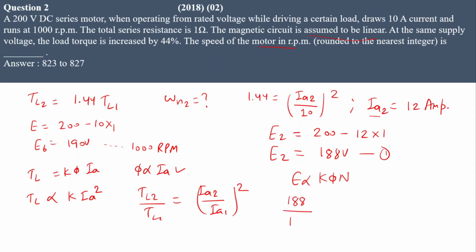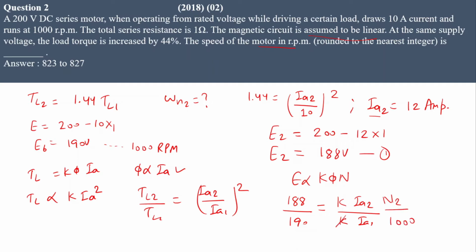So you will be able to find out E2 by E1 equal to K phi2 by phi1, or phi2 directly proportional to Ia. So this is Ia2 by Ia1, this is K, and N2 by N1. N1 is 1000.